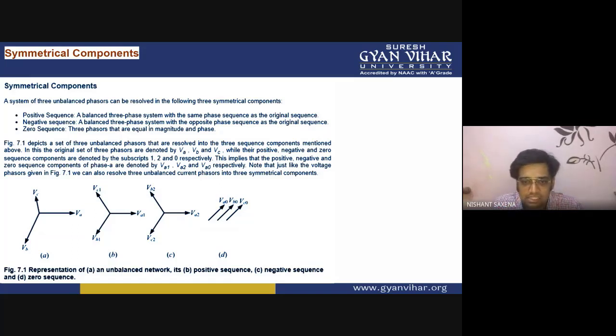That is, phase A has been resolved into three portions: VA1, VA2, and VA0. Just like voltage phasors, we can also resolve three unbalanced current phasors into symmetrical components.